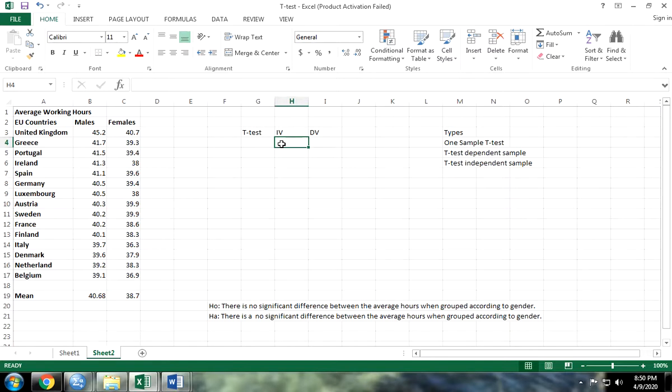Tandaan natin, independent and dependent variable. So, may causality yan, cause and effect. Pag independent variable, ang classification ng ating variable should be categorical, a two-group sample. Two-group sample at dapat categorical siya.